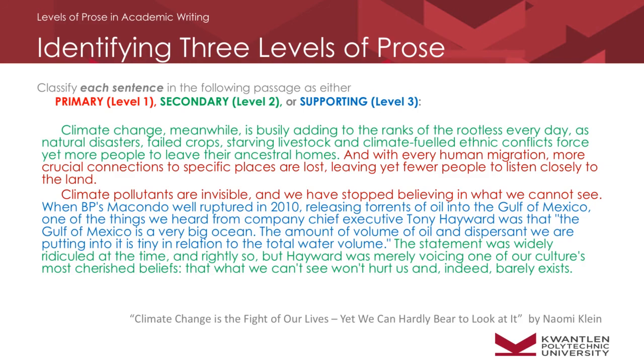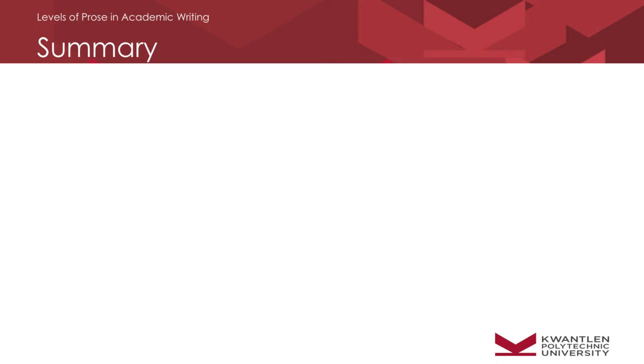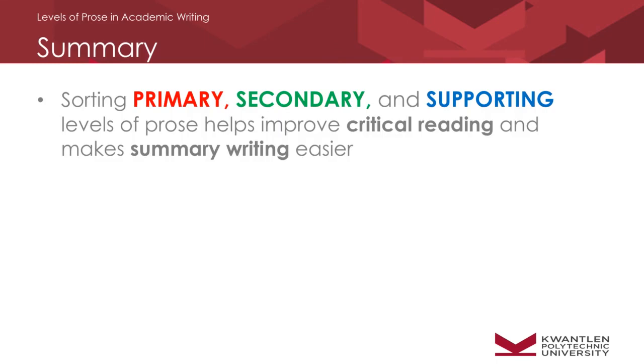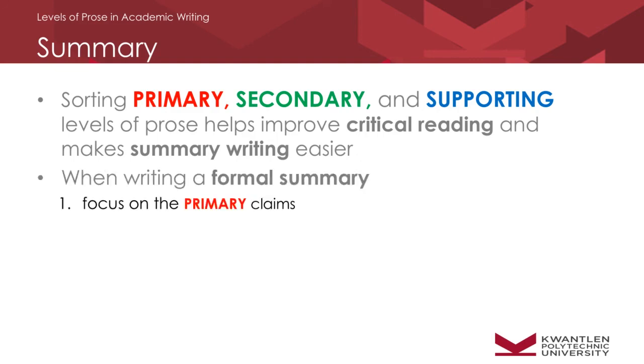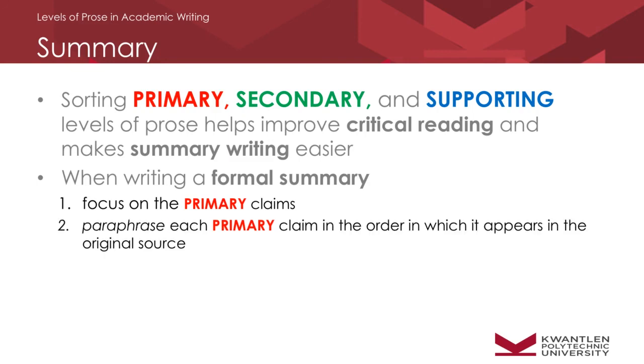So I hope that being able to sort out these levels will give you an indication of how to summarize academic writing, but it also improves your critical reading. Sorting primary, secondary, and supporting levels of prose helps improve critical reading and make summary writing easier. When writing a formal summary, here are the steps. Focus on the primary claims after you've sorted them.